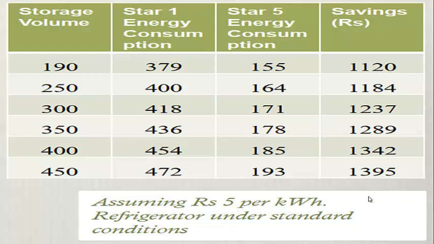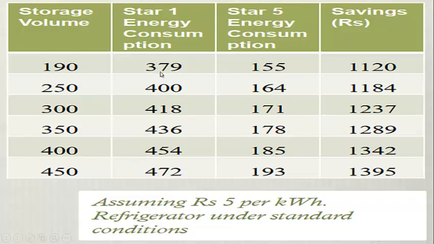compare the different stars and see how much is the saving for a refrigerator, and we assume that the rate per kilowatt hour is 5 rupees. You can see the storage volume of a refrigerator is 190 to 450. Star 1 energy consumption will be 379 to 472 kilowatt hour, and star 5 energy consumption varies from 155 to 193 kilowatt hour.